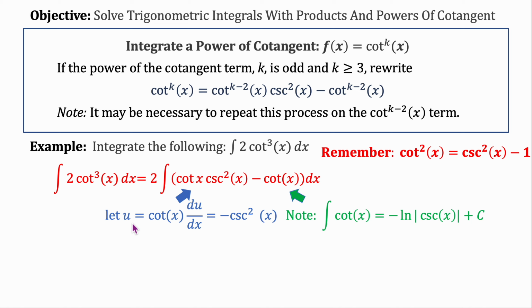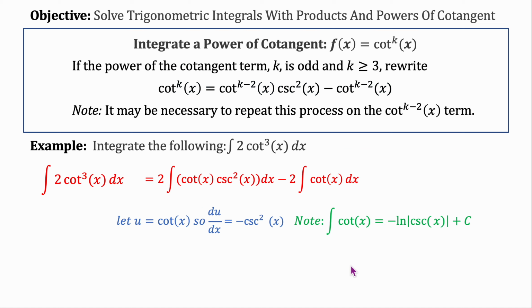We know that if we let u equal the cotangent of x, then du dx is equal to negative cosecant squared of x. And this other piece is one of the facts that we know from that very first slide, that the integral of the cotangent is equal to the negative natural log of the absolute value of the cosecant of x.